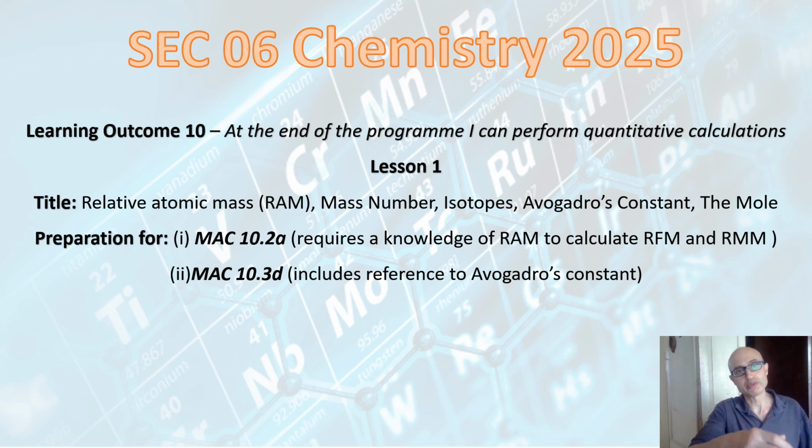In order to be able to do calculations with relative formula mass and relative molecular mass, you definitely need to know all about relative atomic mass first. Regarding 10.3d, Avogadro's constant is also another very important concept that we need to become accustomed to in order to be able to go on to do calculations in chemistry. Let's now move on to the next slide.